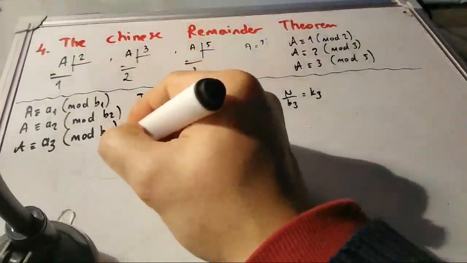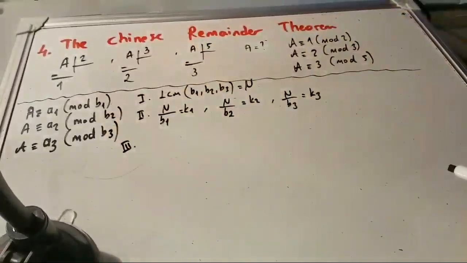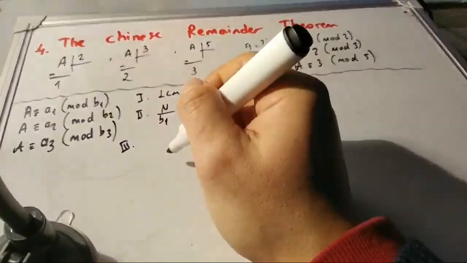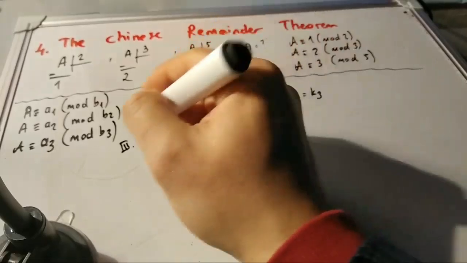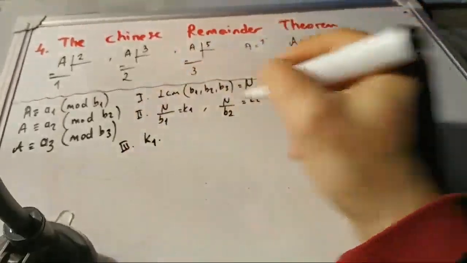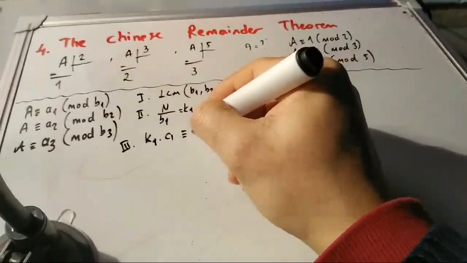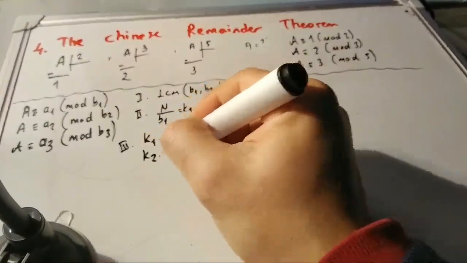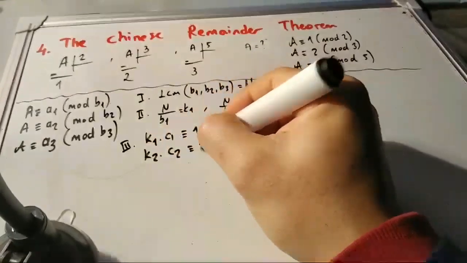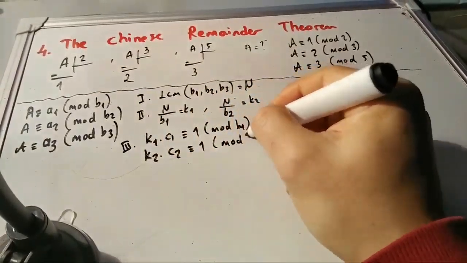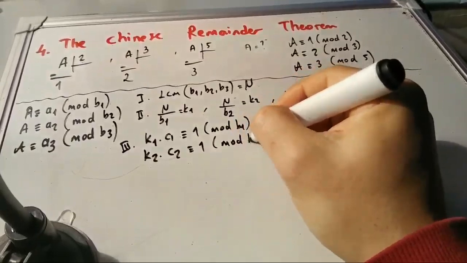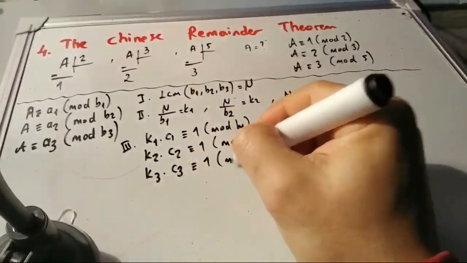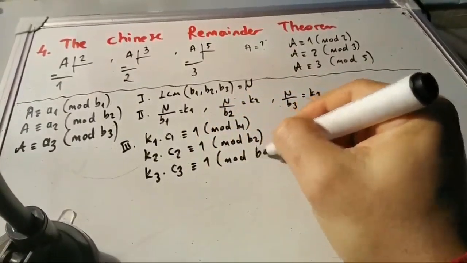And after that, for the third step, we have to find c1, d1, c2, d2, and c3, d3. To find this, k1 times c1 is congruent to 1 in mod b1, k2 times c2 is congruent to 1 in mod b2, and k3 times c3 is congruent to 1 in mod b3.